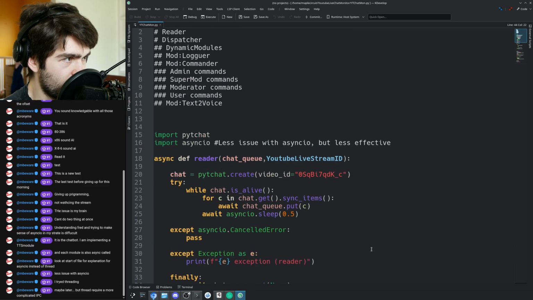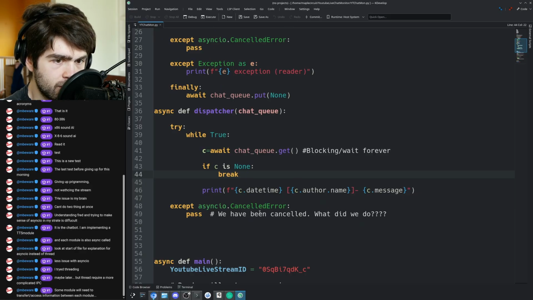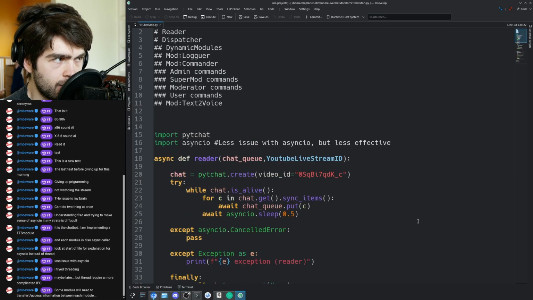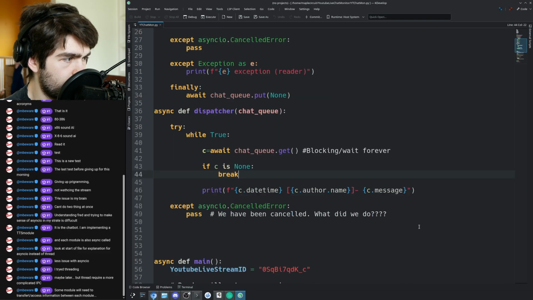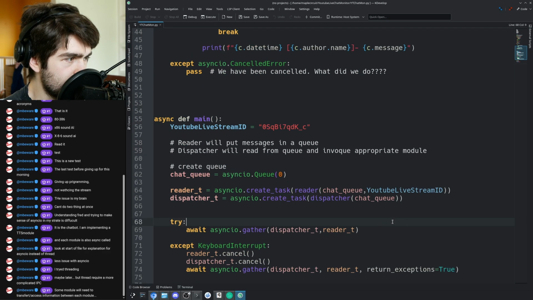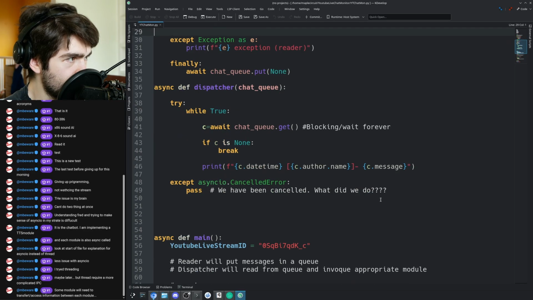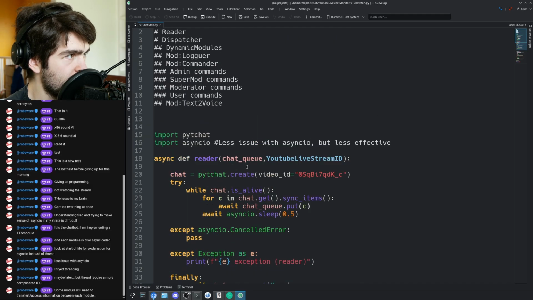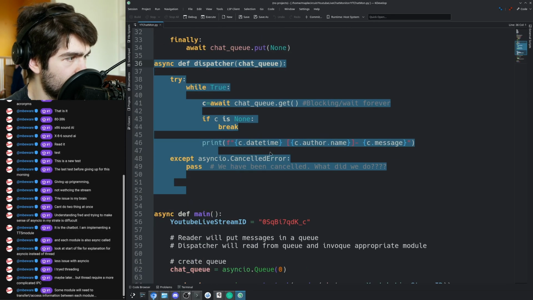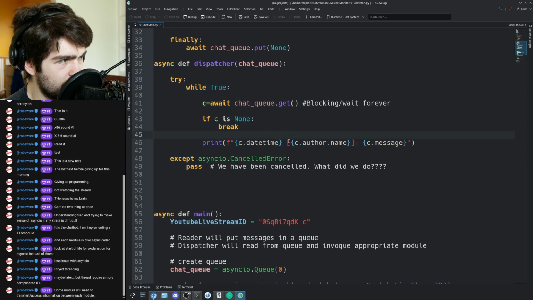Because from everything that I'm seeing here, some module will need traces between each module. I think you're getting into it too far, right? Because here you could, like, this is your core thing. I'm assuming from here you can check if it's an admin, you can check what type of message, you can put your ifs in there.